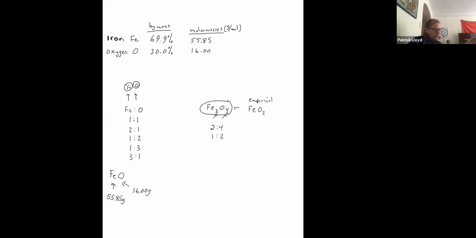So if I have 1 mole of iron and that weighs 55.85, I also have to have 1 mole of oxygen and that has to weigh 16. So what that means is every compound, whether it be FeO or Fe2O or Fe2O3 or Fe3O4, whatever that compound happens to be, each compound is going to have a specific, unique percentage breakdown.